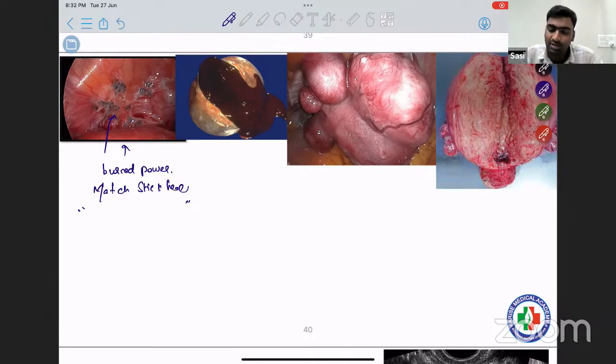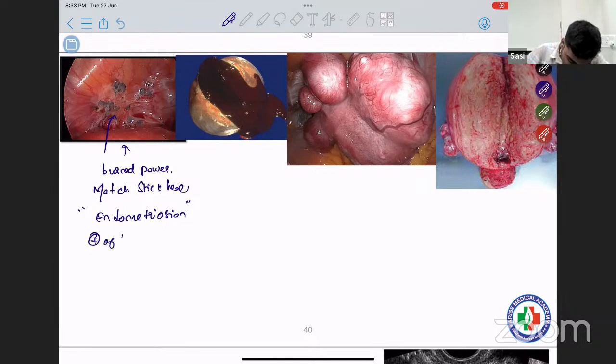Yeah, that's nice. Most of you are getting it correct. It is related to endometriosis. And we know in the case of endometriosis, it is because of the presence of functioning endometrium outside the uterus.